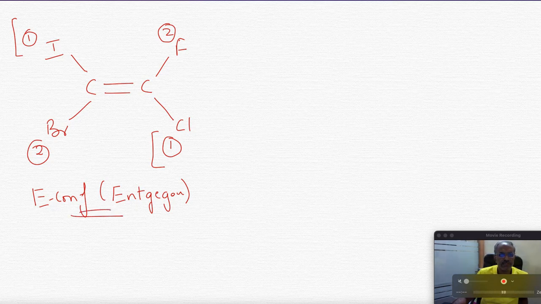Now, there is something called racemic mixture. What do you mean by racemic? So, we have finished these two types of configuration, R and S configuration and E and Z configuration. Right?